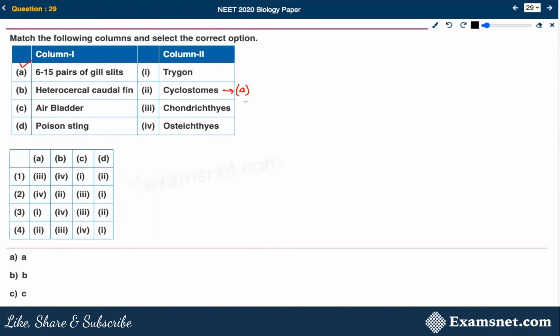A. All right. Now, air bladder. Before air bladder, we will look into the heterocercal caudal fin. Now, heterocercal caudal fin is basically present in the members of the class Chondrichthyes. So this category of fin is actually found in Chondrichthyes, so this will go with the B option.